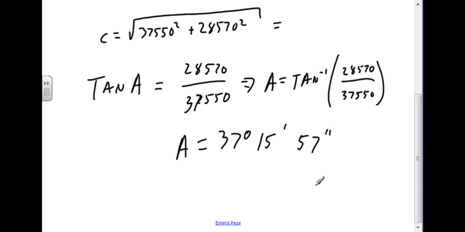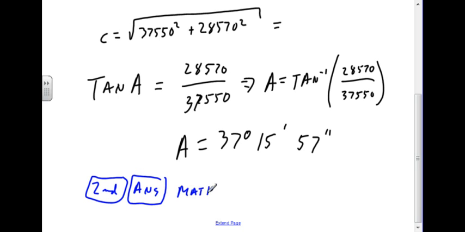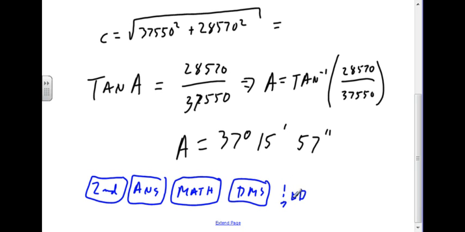What I did is I took the arctangent of that thing, then pressed second function, answer, which is the negative key, not the minus key. Then I went to math, degree, minutes, seconds, paged down until I got to convert to degrees, minutes, seconds, and entered, and that's what I got.